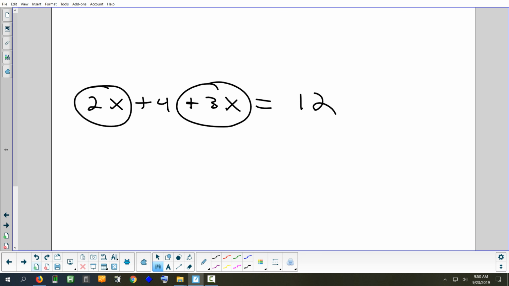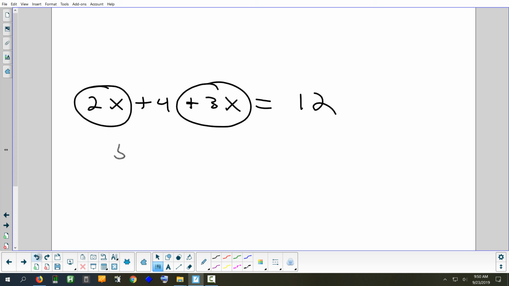What do you get if you combine a 2x with 3x? Do we have to write that? No, I'm just showing you the mistake some people made. Yep. You get 5x. So this would be the first correct step: 2x plus 3x gives you 5x.